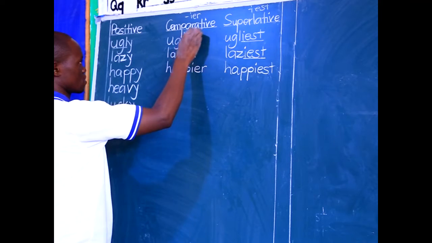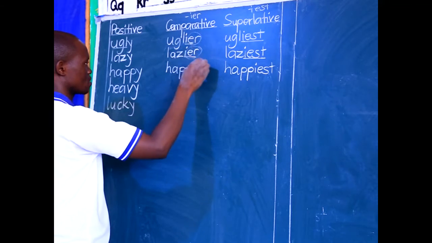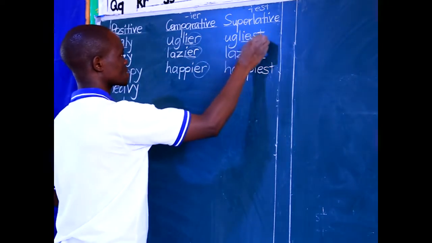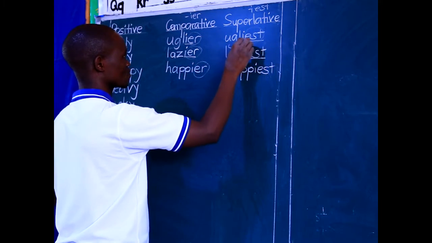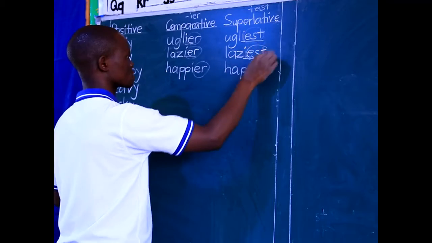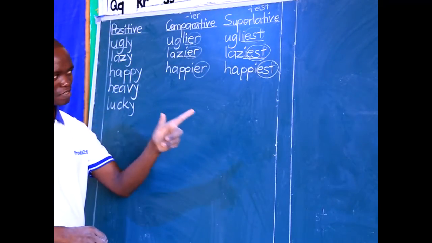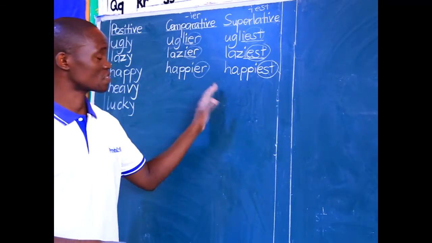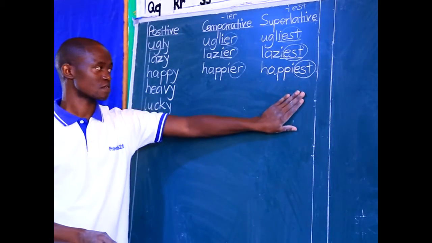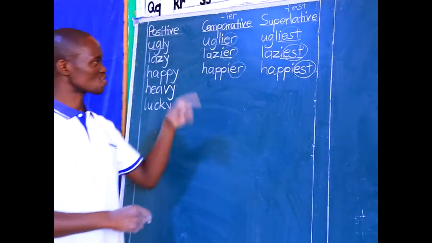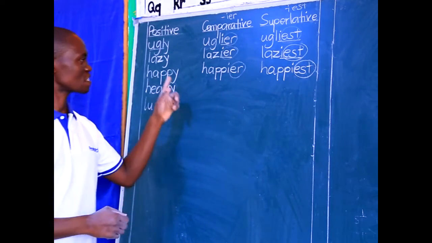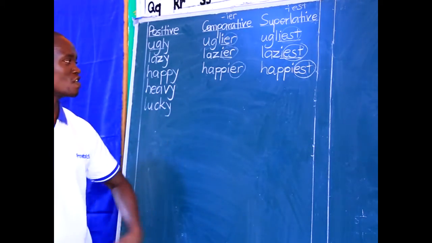We have ER here, ER here, ER here. We have EST here, then EST and EST. And this means we were right before. In fact, this is the reason some teachers explained like this: drop the last Y, replace the last Y with I before adding ER.